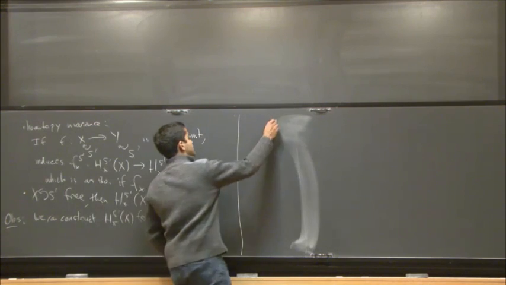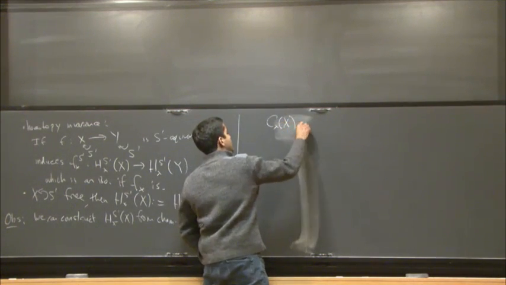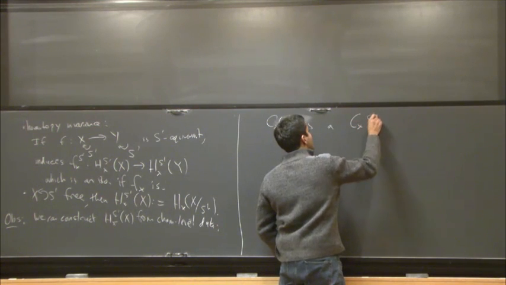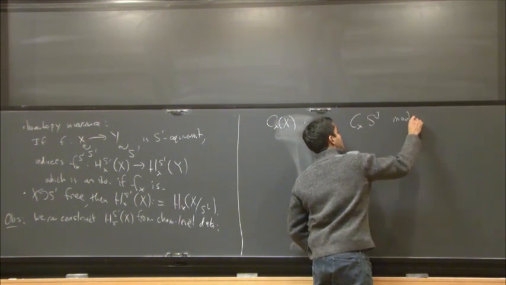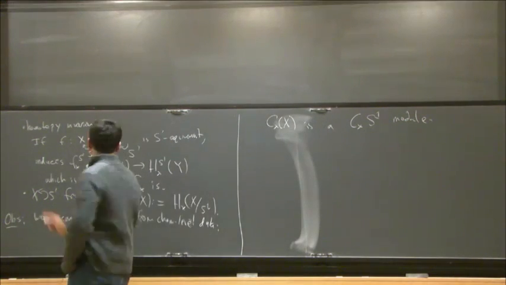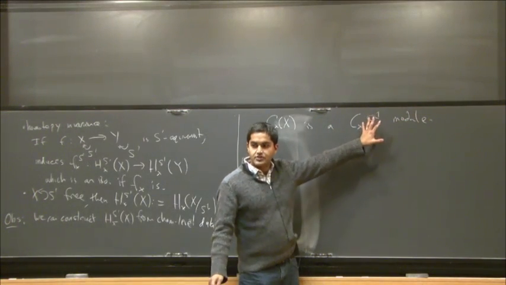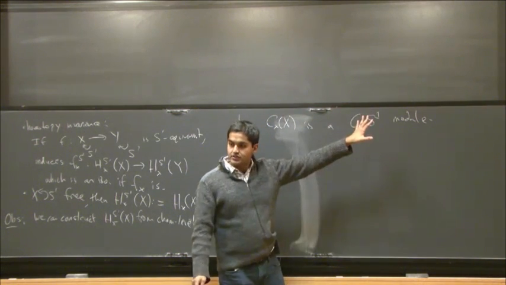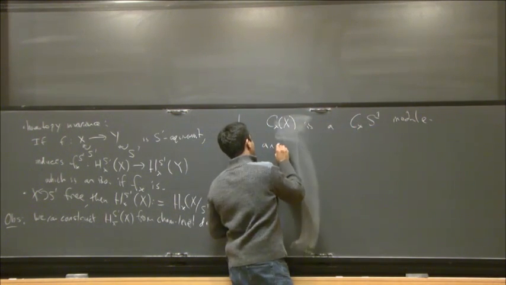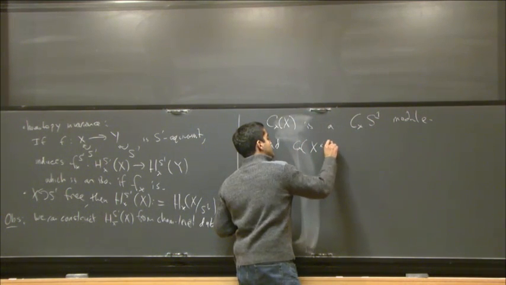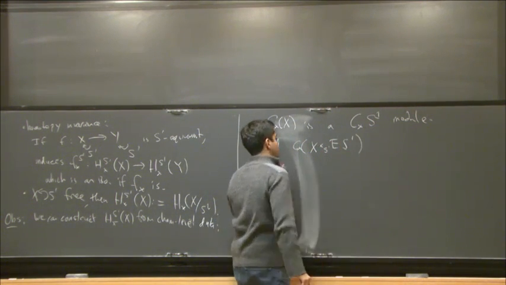Well, singular chains on X is a module over singular chains on S1 from the S1 action. Singular chains on S1 has an algebra structure via the Pontryagin product, so you can talk about a module over it. And the singular chains on the Borel construction, some fiber product.